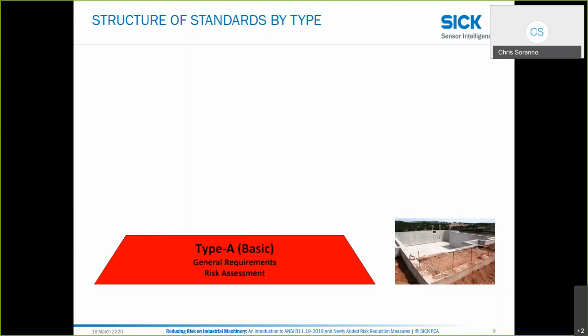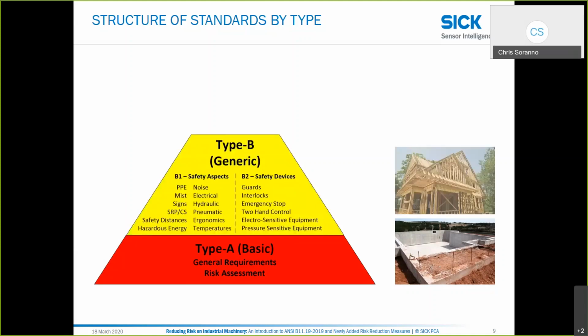It talks about general requirements that apply to really every industrial machine and the conceptual approach and the philosophy of risk assessment. Upon that foundation, then, we build with some more specific topics in terms of focus, but this is where we have standards that help us build the framework for the machine or the application that we're looking at.